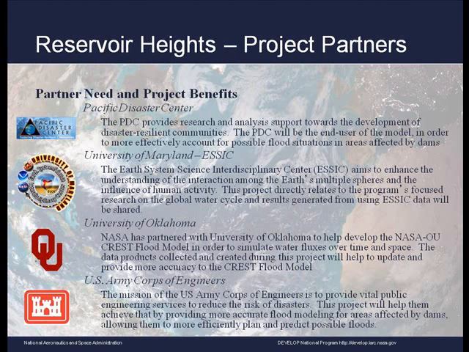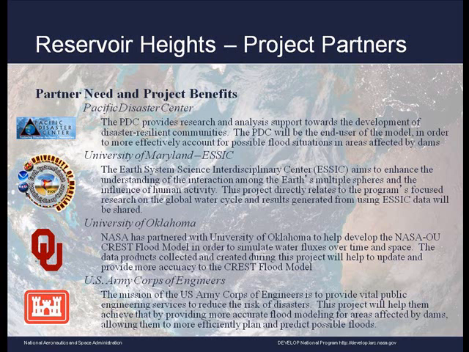Project partners consist of Pacific Disaster Center, Earth System Science Interdisciplinary Center, or ESSIC, University of Oklahoma, and U.S. Army Corps of Engineers. This project directly relates to the program's focused research on the global water cycle, and results generated from using ESSIC data will be shared.